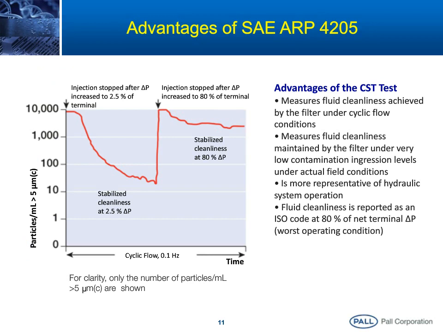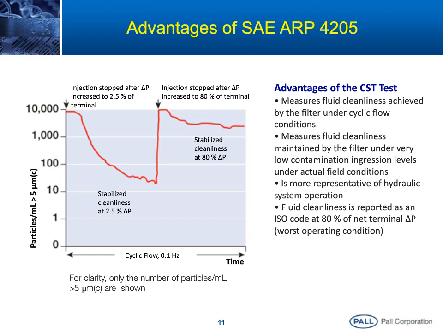The plot showing only the 5 micron size for clarity illustrates what I said previously, that the dirt injection is stopped at 22.5% of the target delta P and also at 80% of the target delta P. The plot shows the system cleanup after the injection is stopped.